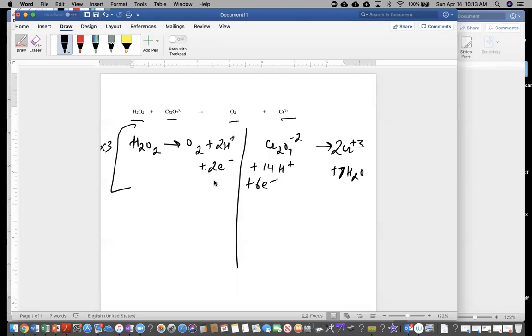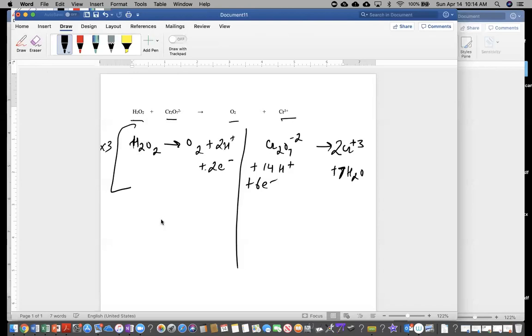If this side was 4 electrons and this side was 6 electrons, then I'll multiply this by 4 and this side by 6 so that I have 24 electrons on both the sides. So in some questions you have to multiply both the sides, and in some you have to multiply just one side. In this case, this was easy because we can just multiply one side by 3 and we're done.